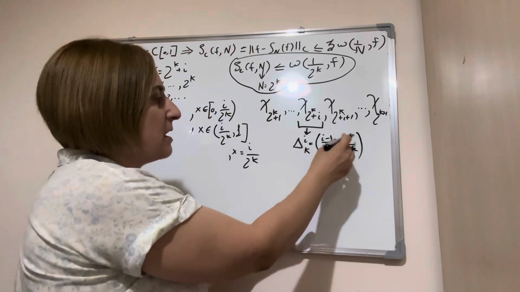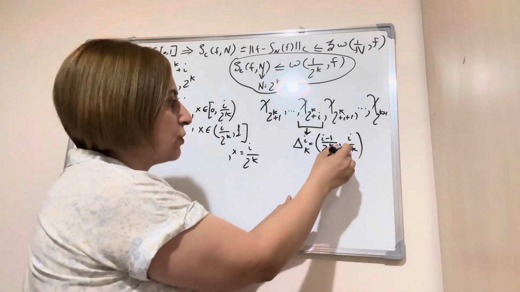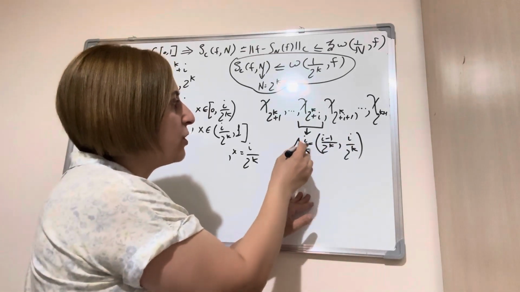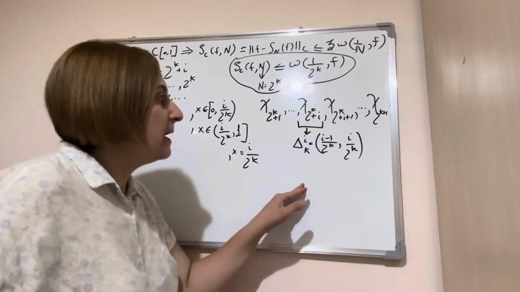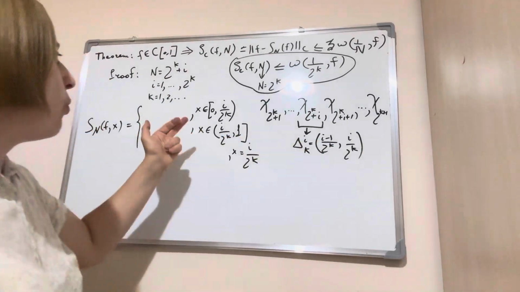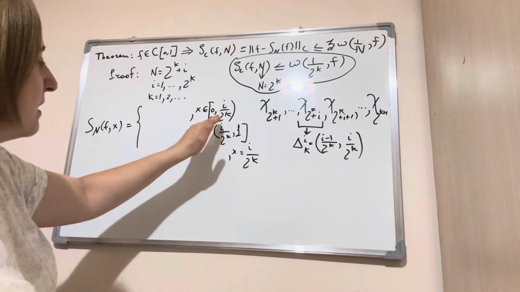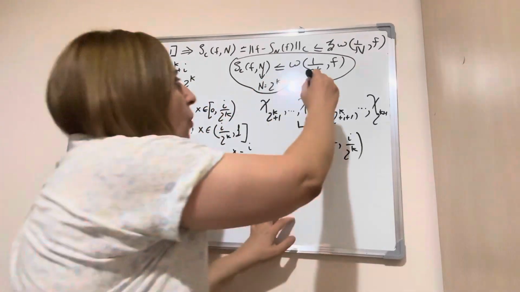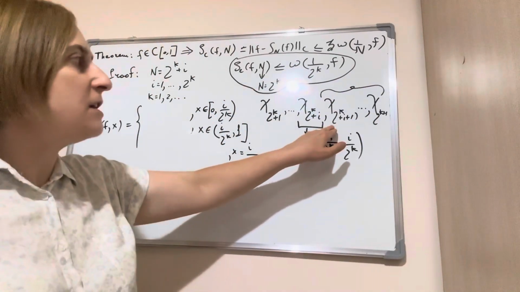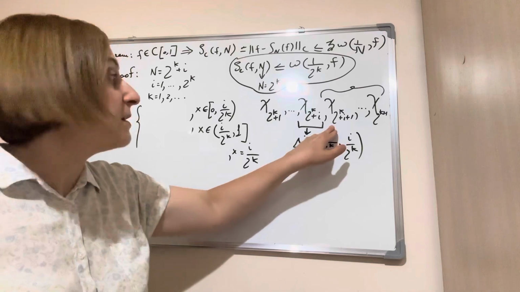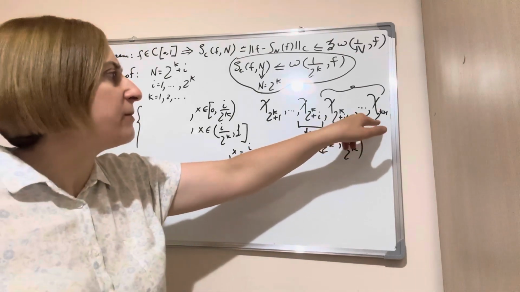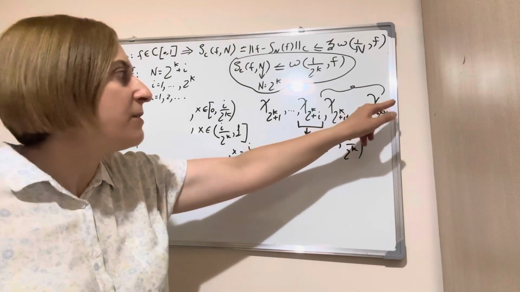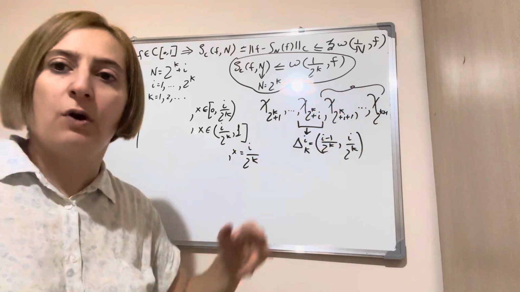Therefore, i over 2^k is the right endpoint of this dyadic interval. When we take x to the left of this right endpoint, all the functions from 2^k+i+1 to the last one, 2^{k+1}, turn into 0.